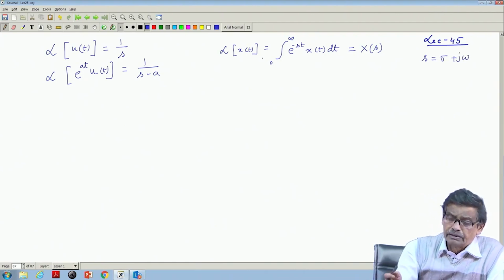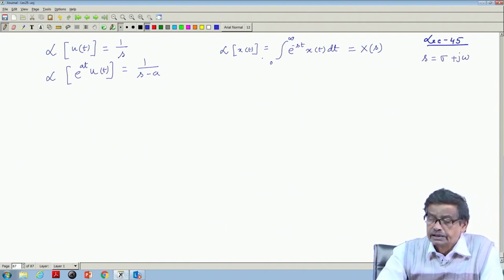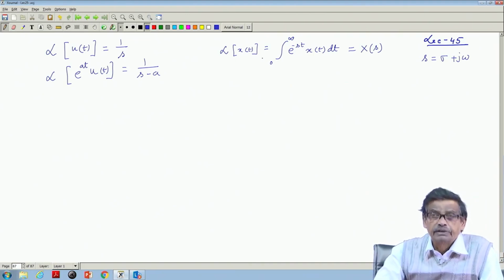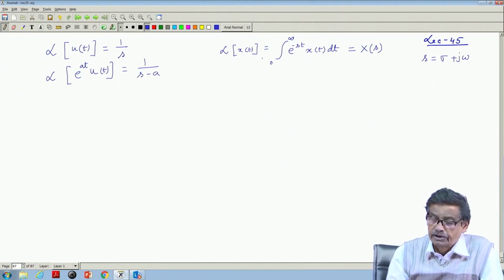Putting in these values and integrating, we got the Laplace transforms of some useful functions.